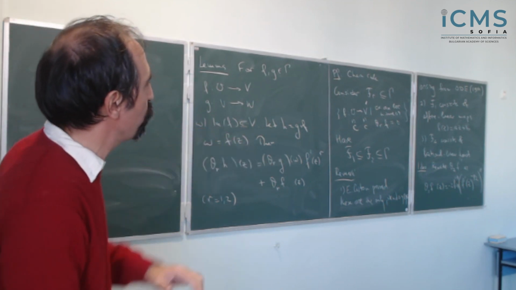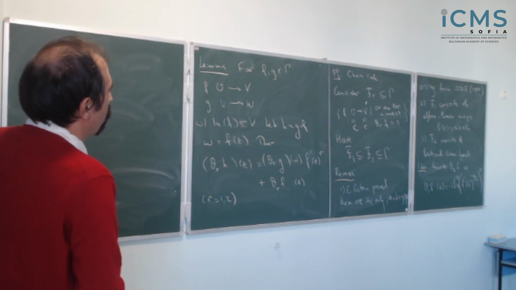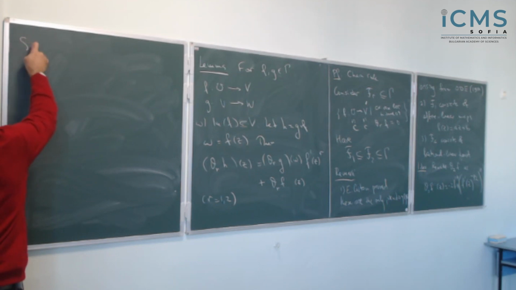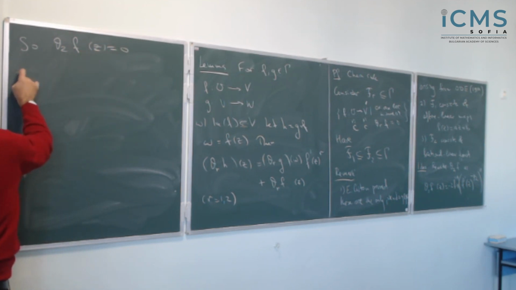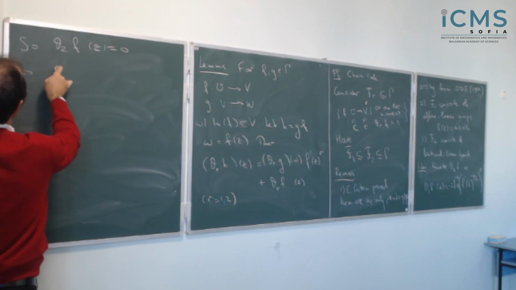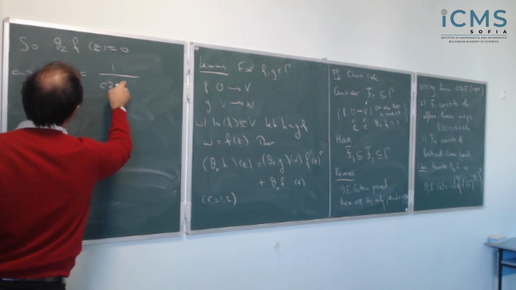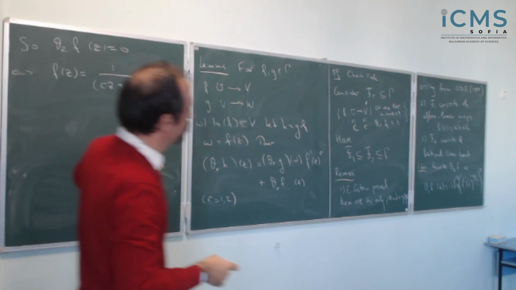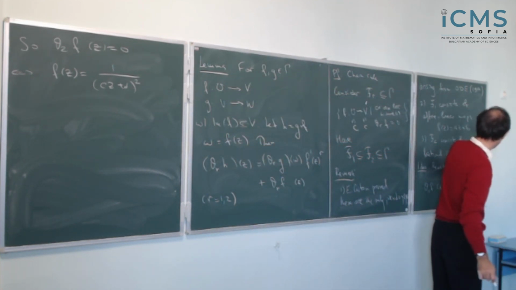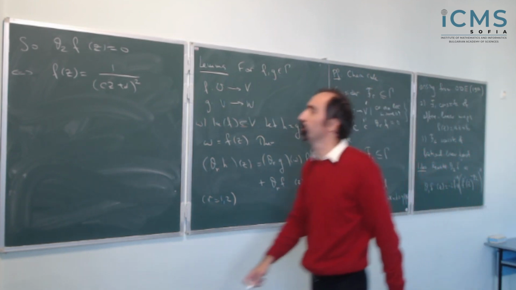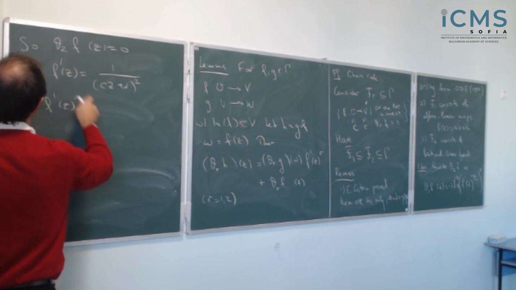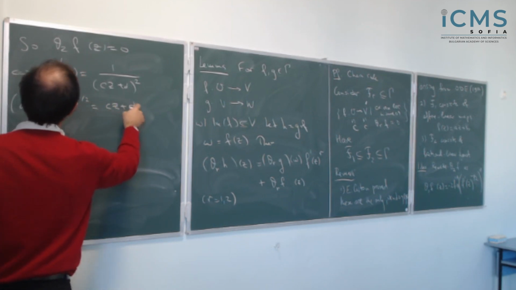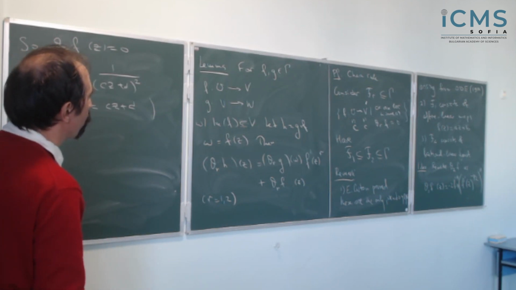So if theta 2 is 0, we see that f prime to the minus 1/2 is affine linear, of the form az plus b, so f prime is 1 over the square of that.